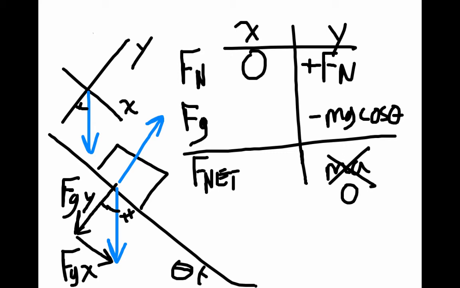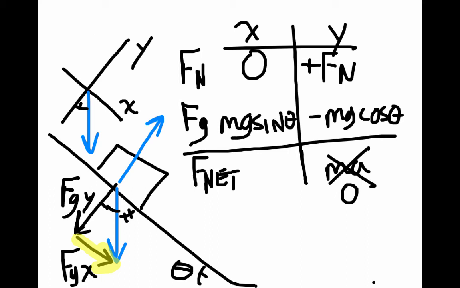So what that tells me is that the normal force, what the ground has to actually push, is only mg cosine theta. In the x direction, the only thing left here is this guy. That's the only force in the x direction, so I can write that as mg sine of theta.